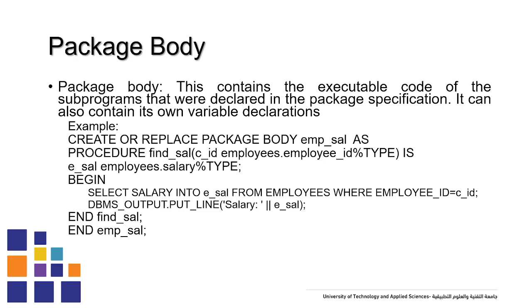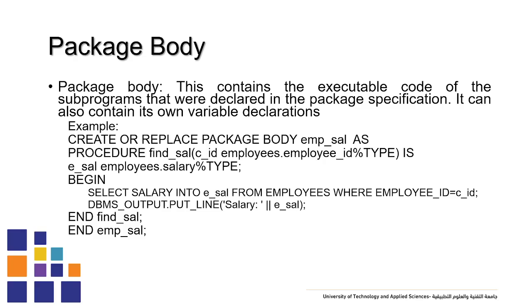This defines the procedure find_sal, which takes one input parameter, c_id, with the same type as employees.employee_id. This is called attribute referencing and makes the code more flexible to changes in the table structure.